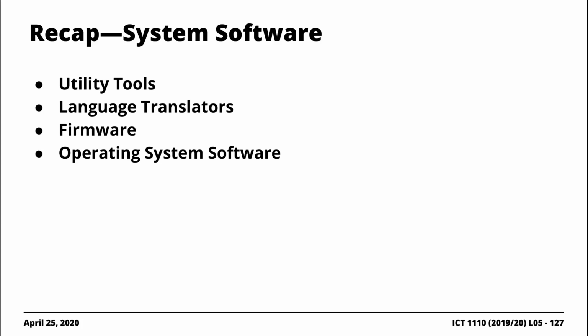Now, if it was a different type of course, we were probably going to go into the gory details of the different modes within which an operating system operates, so things like kernel mode and user mode, but we're not interested in that. Our discussion for this course is solely restricted to the key functions associated with operating system software.